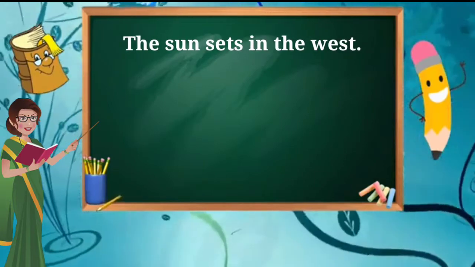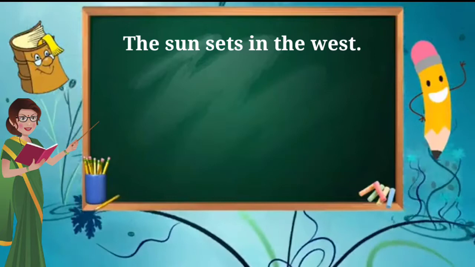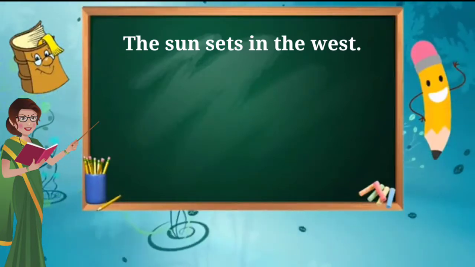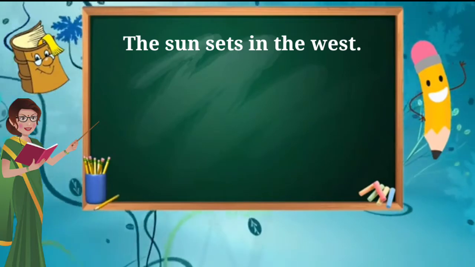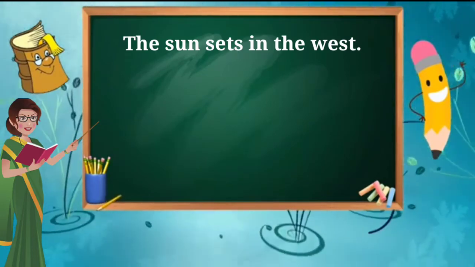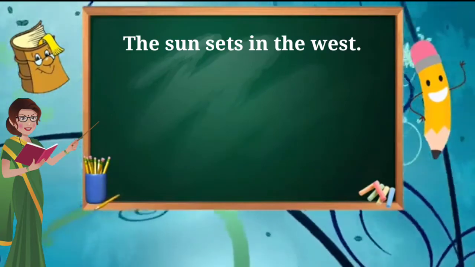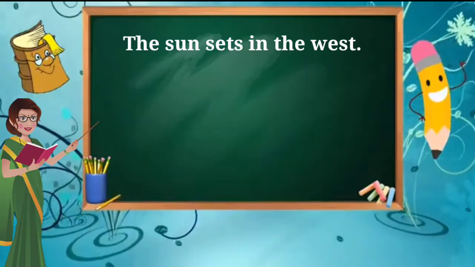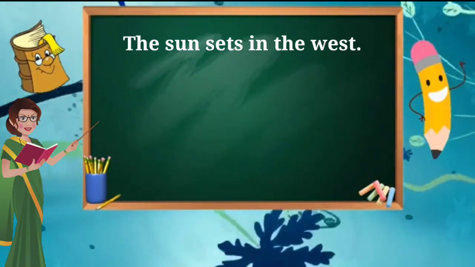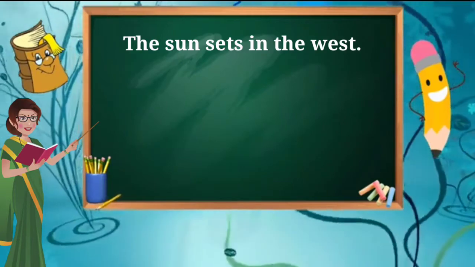The sun sets in the west. Okay? The sun sets in the west. Now the sun, is it singular or plural subject? Yes. How many suns are there in the universe? Yes, only one sun, means there is a single sun we have. So that the sun is the singular subject.